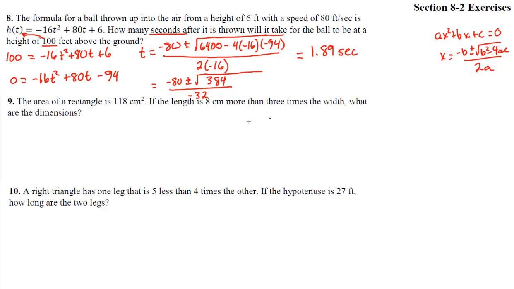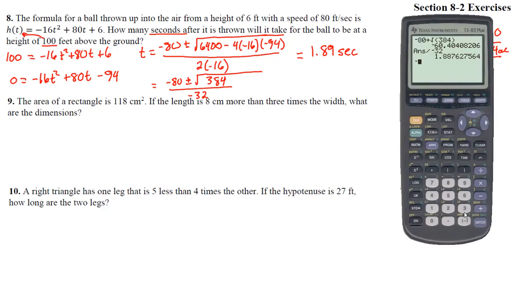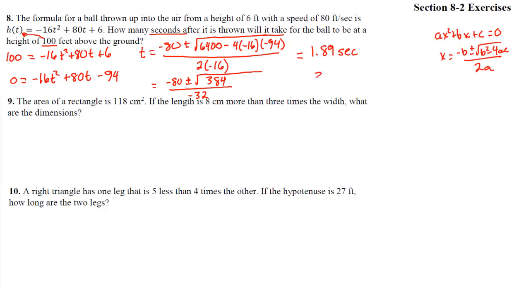Okay, let's stick the other one in with a minus sign on there. That's negative 80 minus the square root of 384, and then take that divided by a negative 32. And we end up with 3.11 seconds.